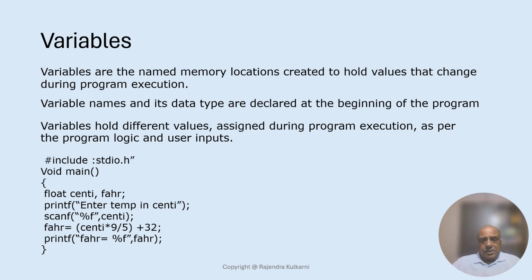Then there is an opening brace, then float centi and far. These are the two variables we have declared in this program. Then there comes a statement, enter temperature in centi, which will be displayed on the screen. The user will enter whatever temperature he wants to convert from the centigrade scale to the Fahrenheit scale.